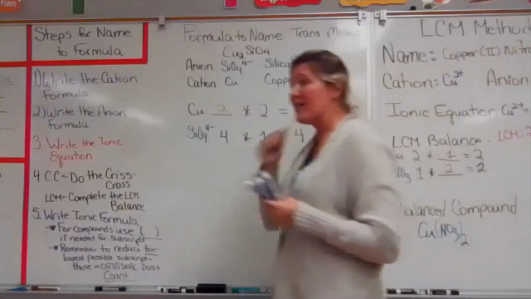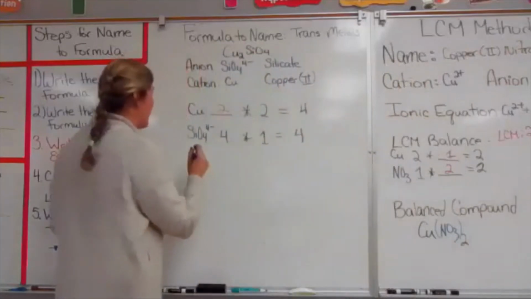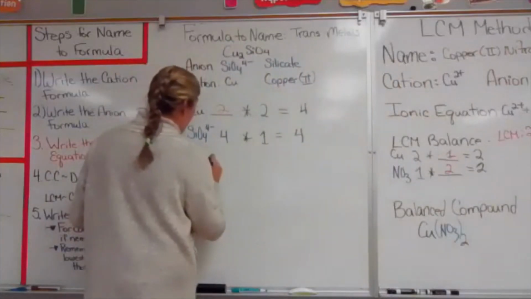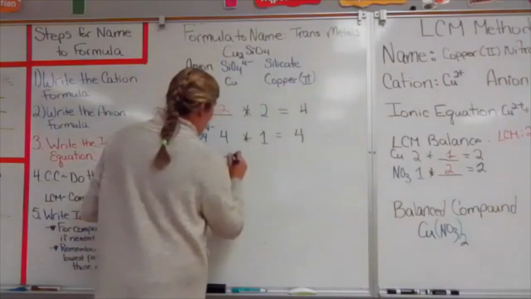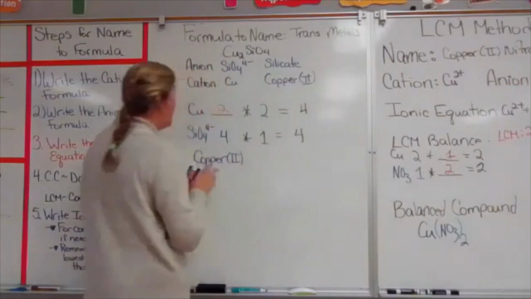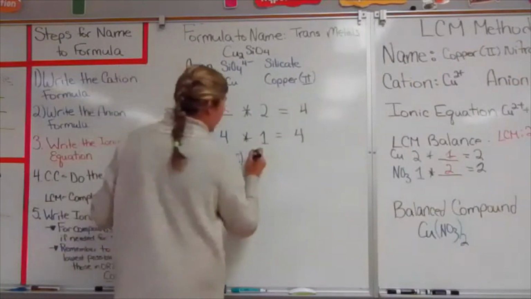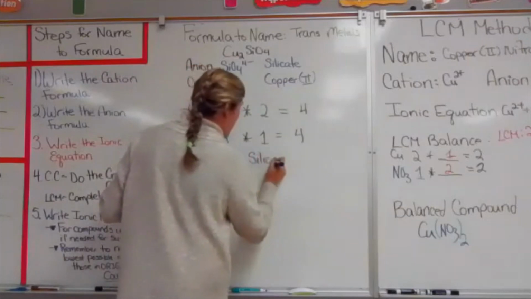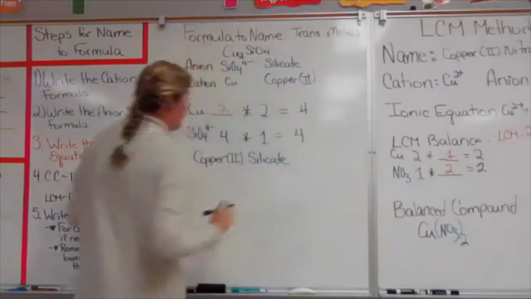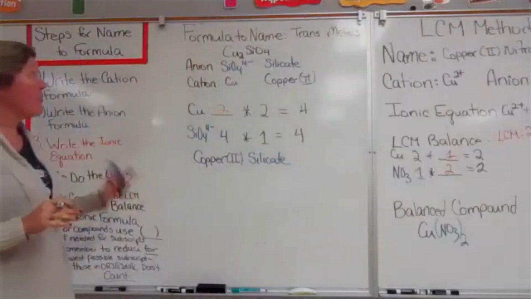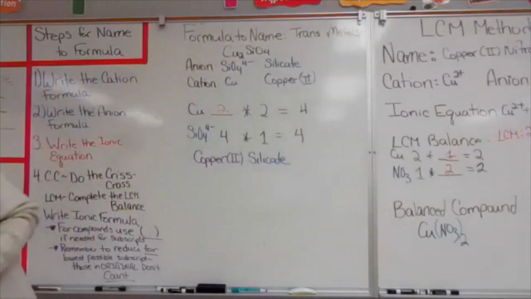Now down here, we can write our entire balanced compound as copper(II) silicate. And that is how you do that name, the transition.